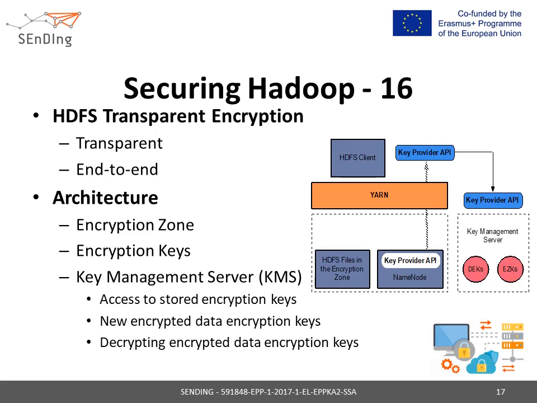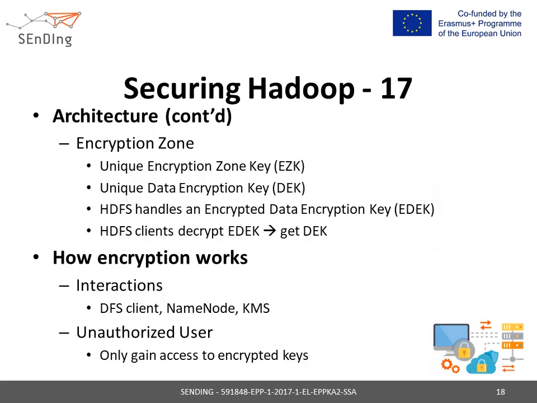In the context of HDFS encryption, the KMS offers three basic functionalities: providing access to stored encryption zone keys, generating new encrypted data encryption keys for storage on the name node, decrypting encrypted data encryption keys for use by HDFS clients. The scheme in this slide depicts the architecture of Hadoop's transparent data encryption.